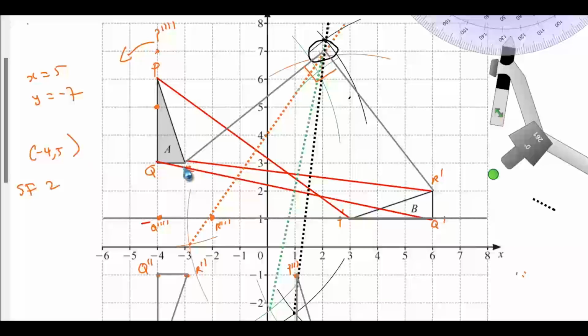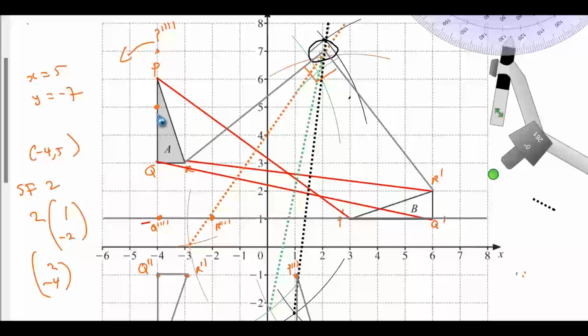Alternatively, you can just count from the center of enlargement to point R. So x equals 1. Then the y will be 1, 2, that is minus 2. If you multiply by the scale factor, it's going to be 2 times 1, 2, and 2 times minus 2, minus 4.